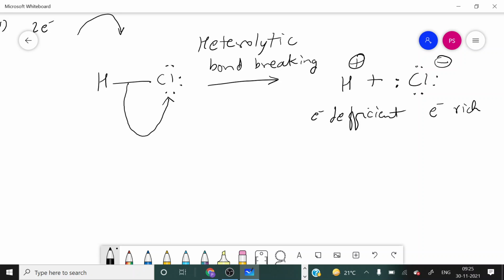Now what happens if we split the bond in a homolytic manner? Let's take an example. I deliberately took bromine, whose electronegativity is less than chlorine.